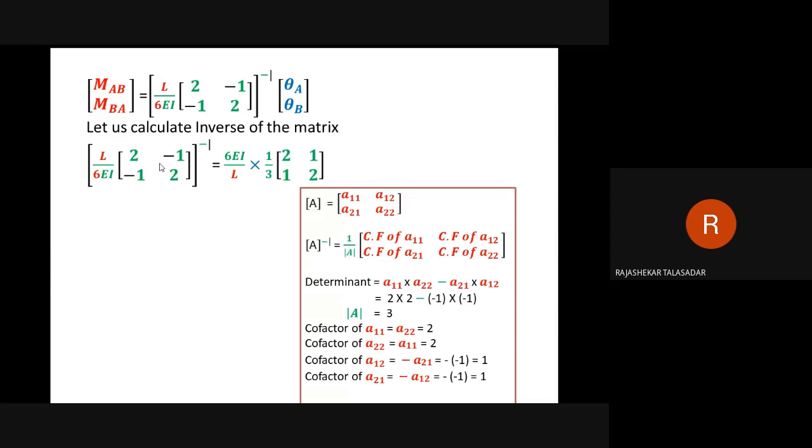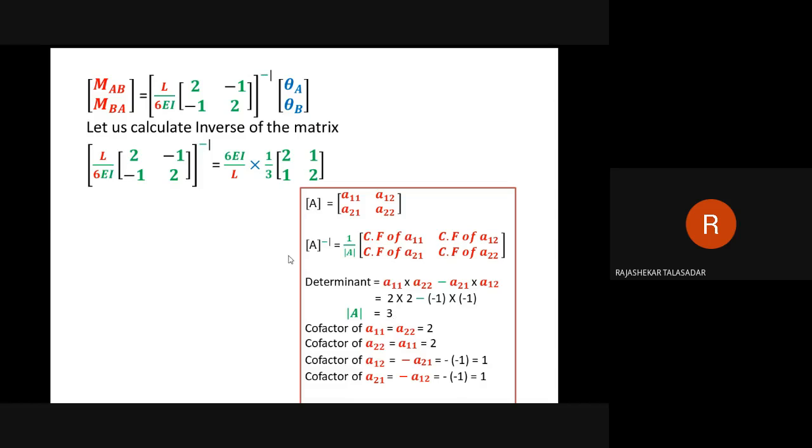A11, what is this here? 2. This is A11. Okay. Next, into A22, this is 2 again. Minus A21 is this. What is this? Minus 1. Into A12 is also minus 1. So if you simplify this, you are going to get here 3.